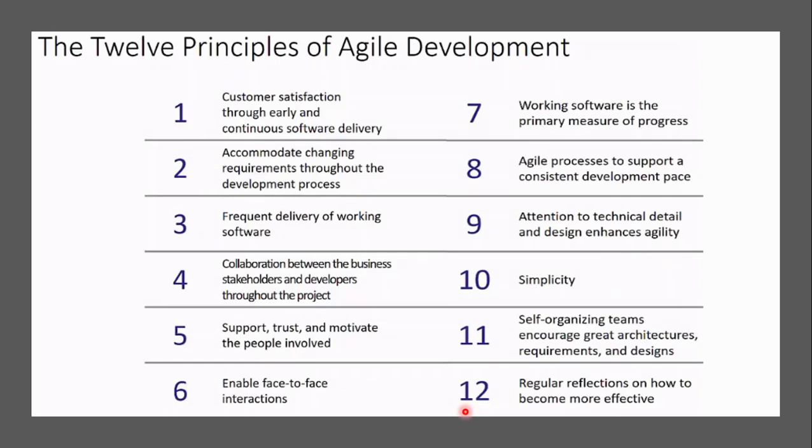They also introduced 12 sub principles in Agile development, which are listed here. So basically, once again, building upon the four values, the principles that they developed were about customer satisfaction.